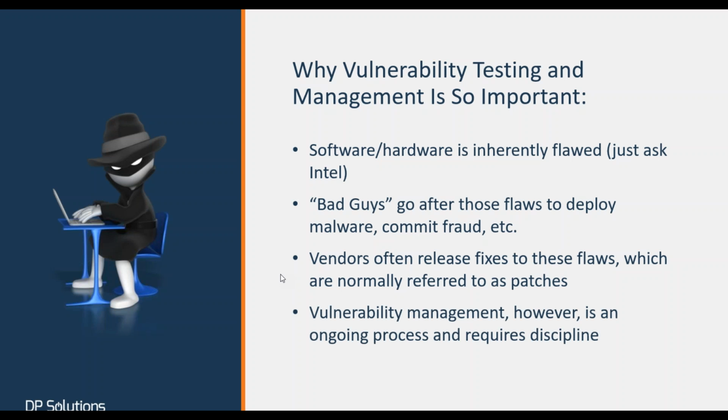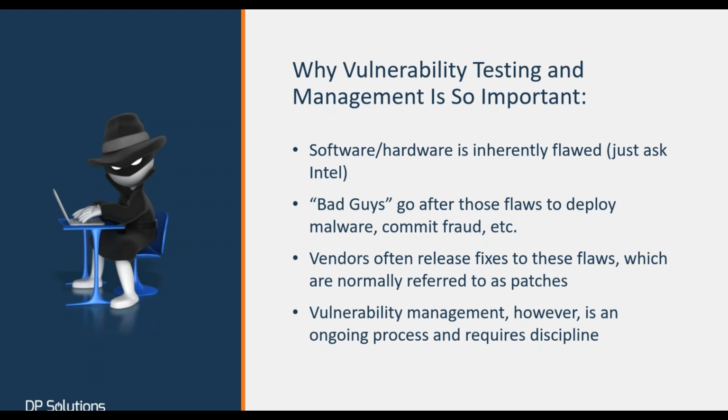So vulnerability management, to me, is an ongoing process and requires discipline. It's not just to say we're going to run a test, get all sorts of data from that test, fix it, and then forget about it. Really, we should have an ongoing process.